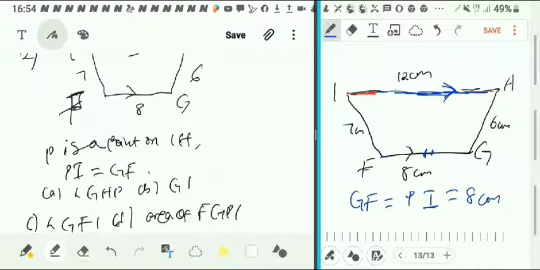This is the symbol for parallelism, that these two lines are parallel to each other. So this is point P, and this PI is equal to GF. That means this part is 8 centimeters, and this part will be 4 centimeters.